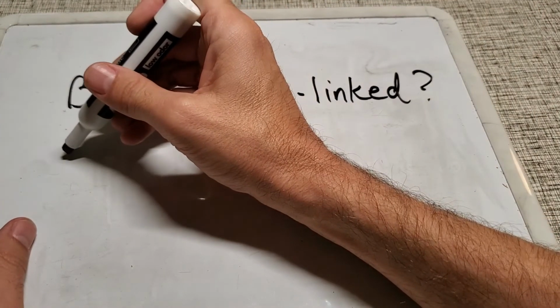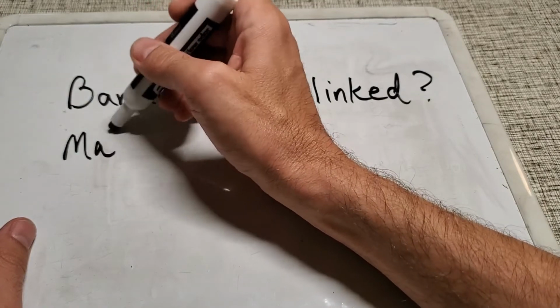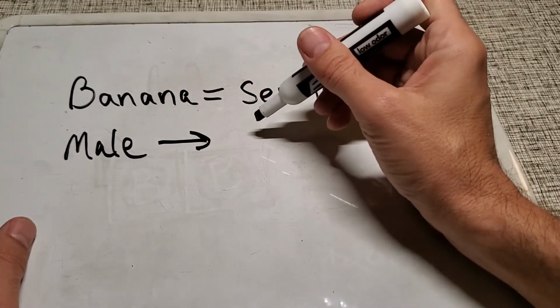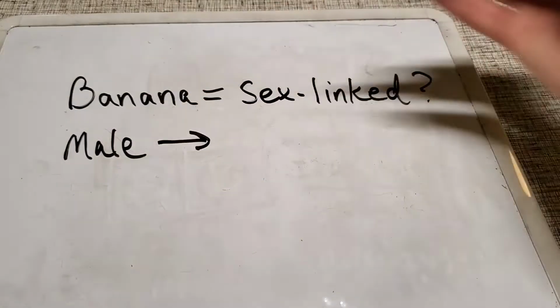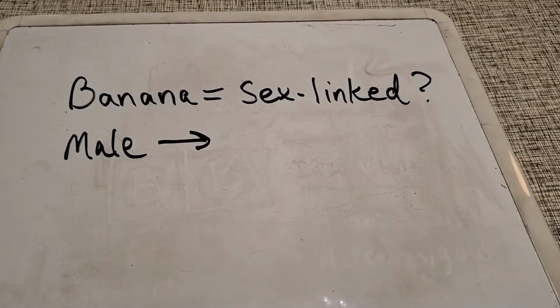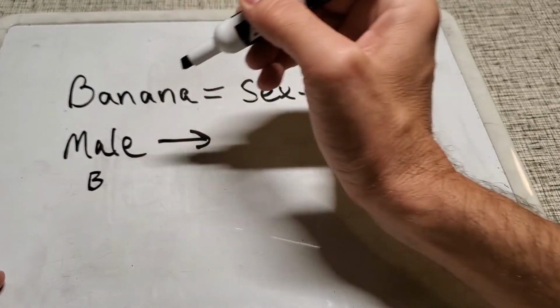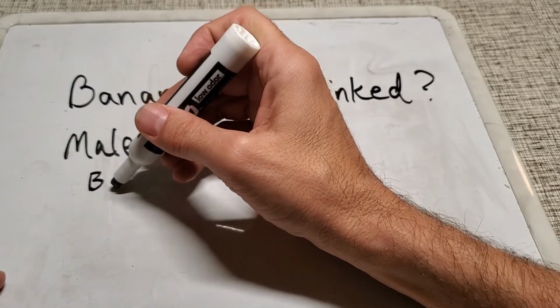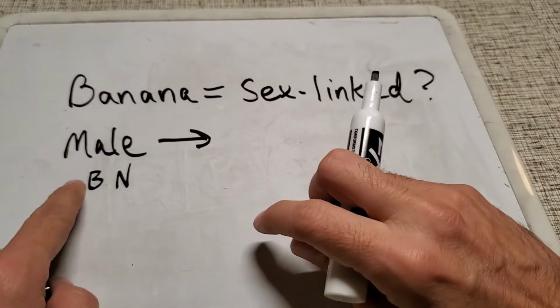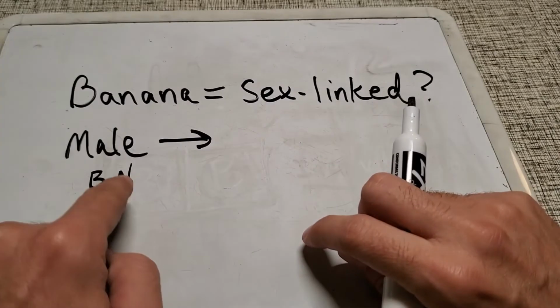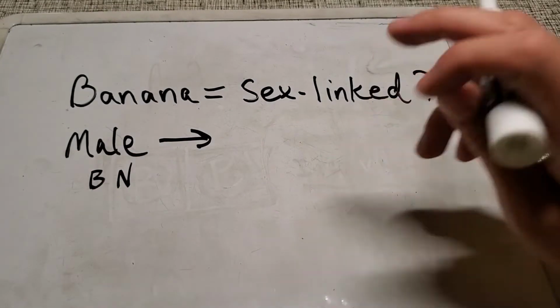What that means is, and what breeders will tell you, and this is true, the ones who know their stuff will tell you that if you have a male banana, half of his babies will be banana because he has banana on one allele and normal on the other. So he has a 50-50 shot of throwing the banana and a 50-50 shot of throwing a normal.